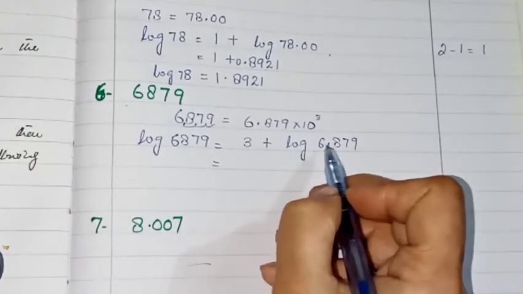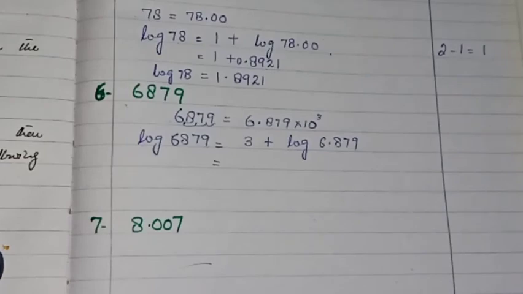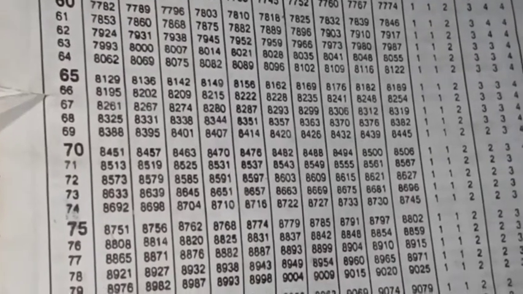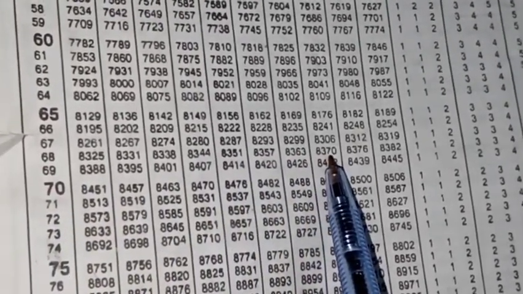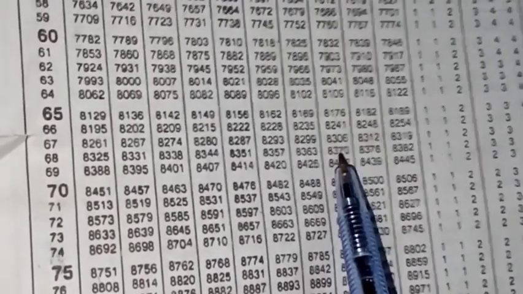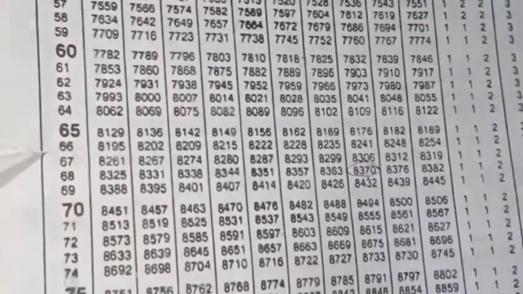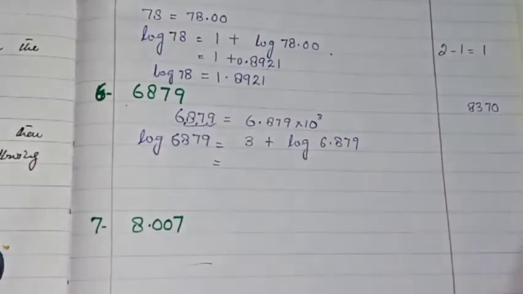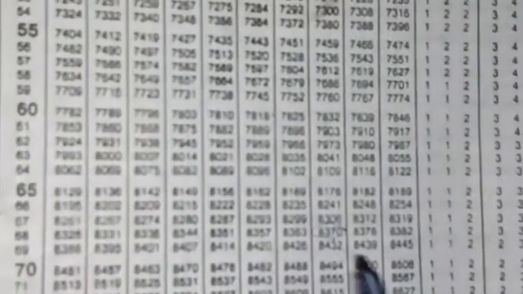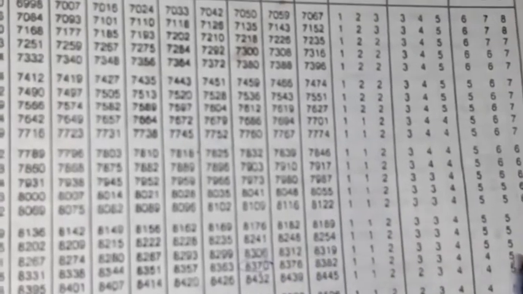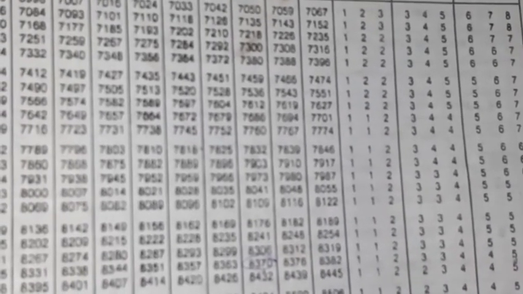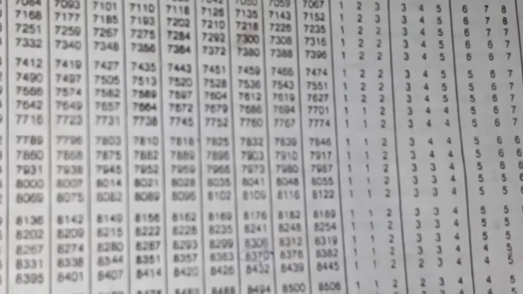For finding this log of 6.879, we have to check the table again, and in this 68 row we have to go for the 7th column, that is 8370. We cannot take it directly, so we write this 8370 in the rough column. Then we go for the 9th column in the mean difference columns, same line, and it is 6 here.